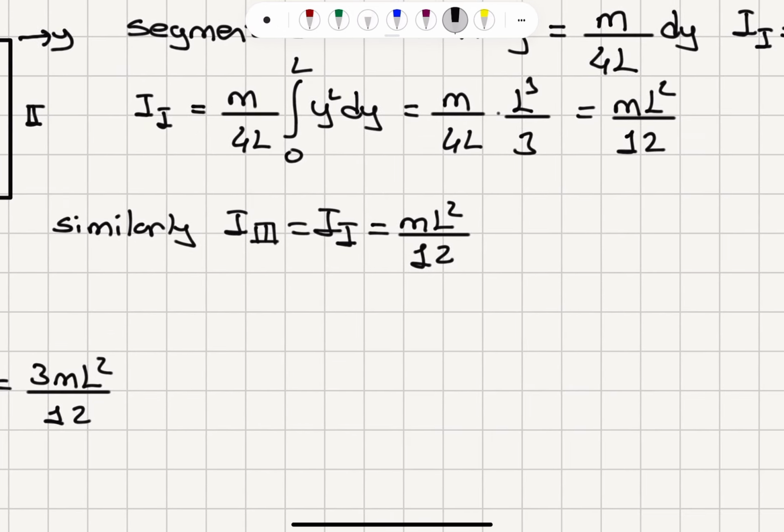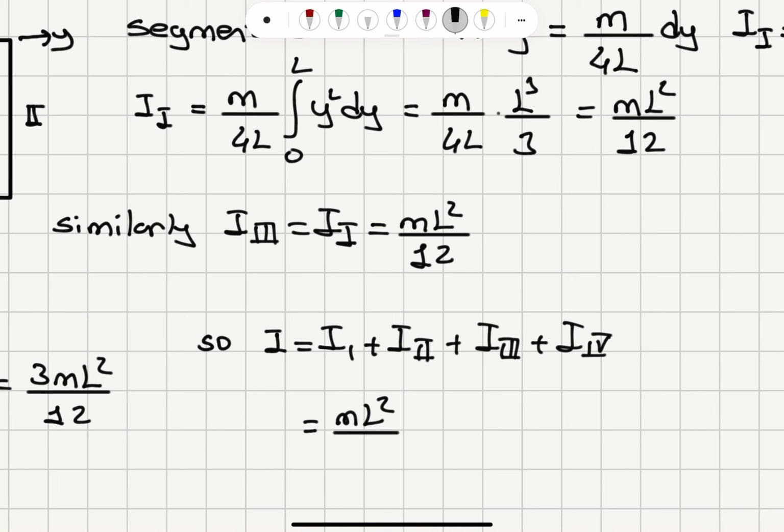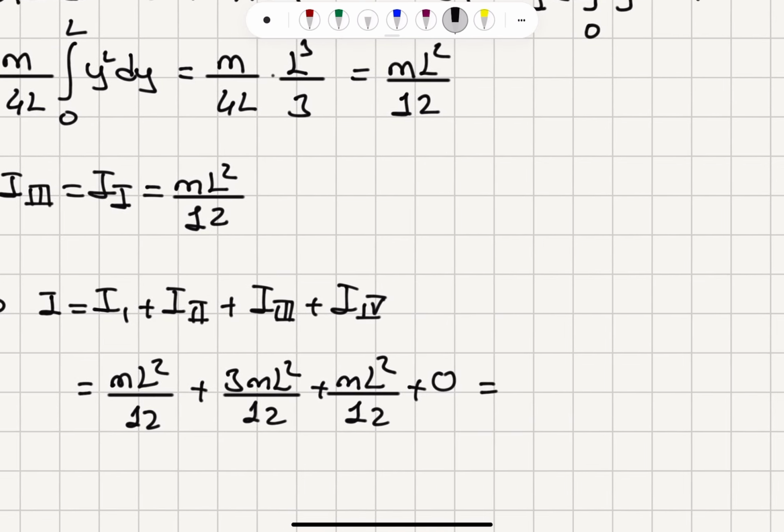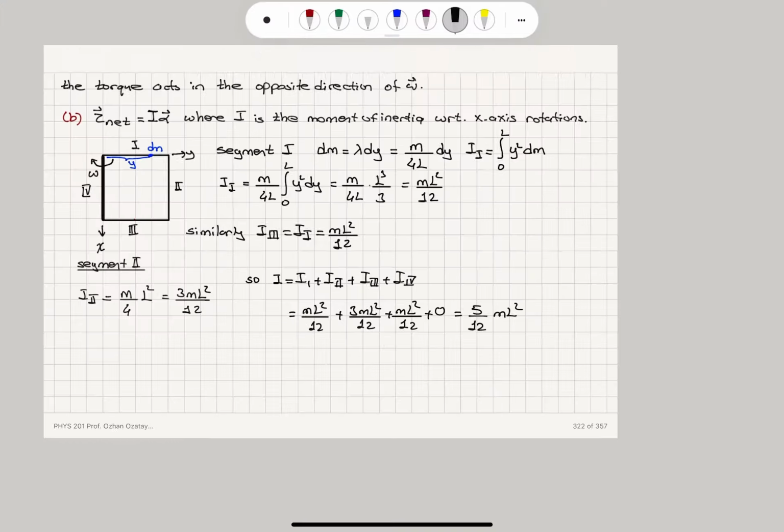So if I calculate the moment of inertia, which has contributions from segment 1, segment 2, segment 3, and segment 4, this will be equal to mL squared over 12 plus 3mL squared over 12 plus mL squared over 12 plus 0, because that's the rotation axis. So we have 5 over 12 mL squared. So that's the moment of inertia.